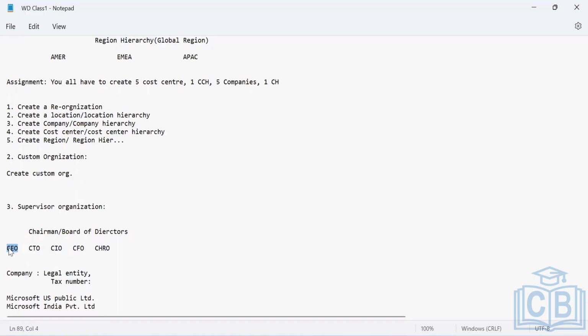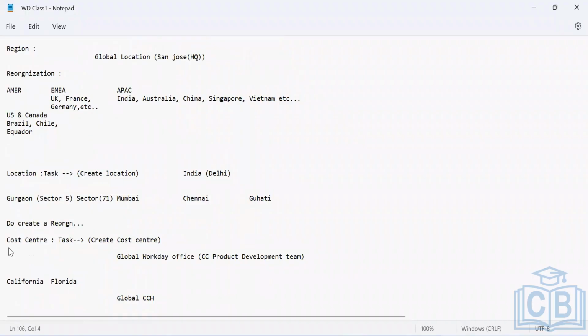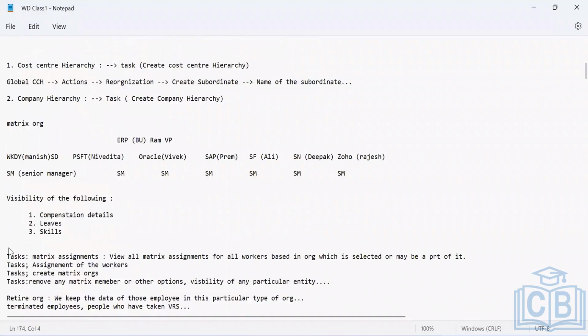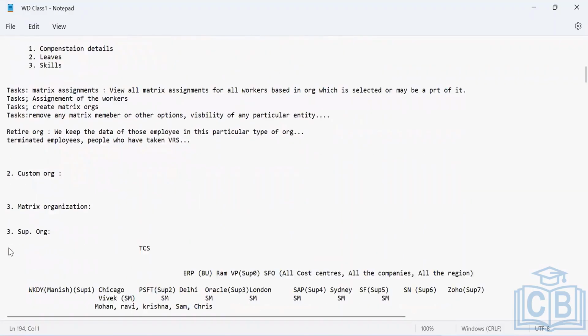All these steps have to be followed. That's the reason, as I stated, that supervisory organization becomes a very important aspect of the HCM system.